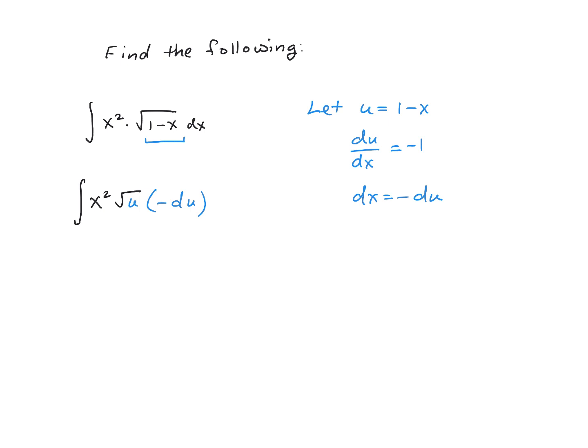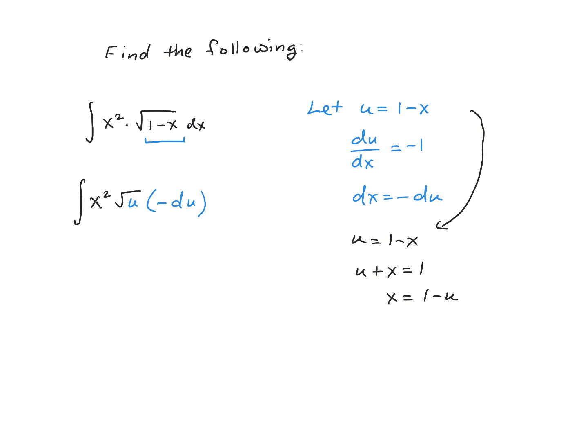So we're going to do something extremely clever. We're going to go back to our original substitution, and we're going to take that x squared and rewrite it in terms of u. If u is equal to 1 minus x, then u plus x is equal to 1, and x is the same thing as 1 minus u.